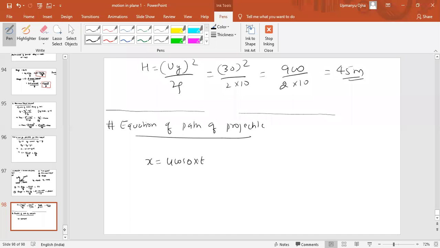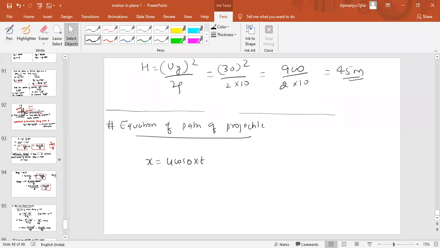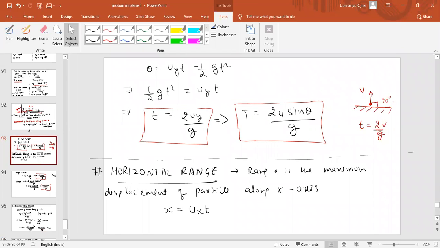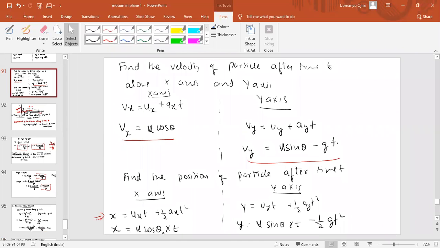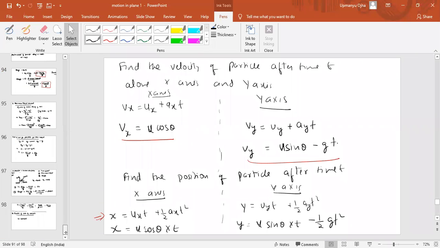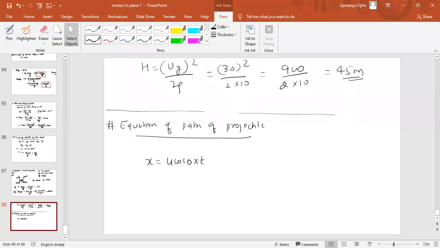We have studied here that when the body moves in a projectile motion, its coordinate along the x-axis is u cos theta into t, and the coordinate along the y-axis is given by y equal to u sin theta into t minus half g t square.